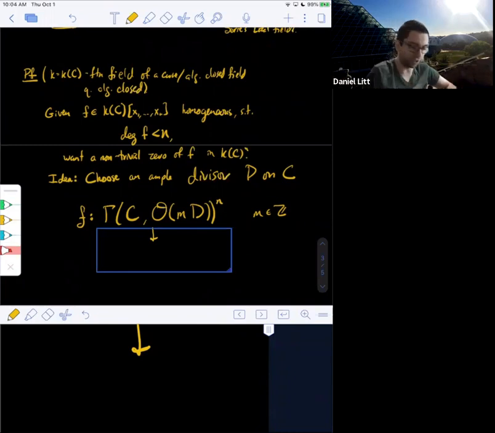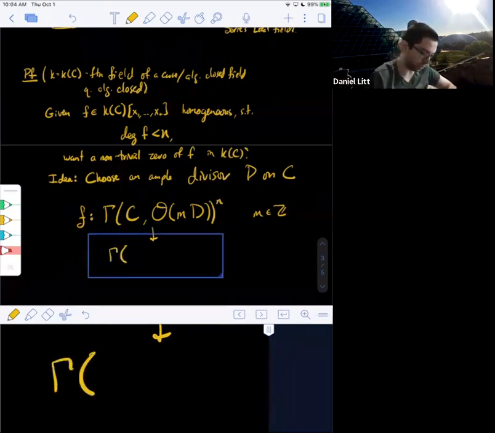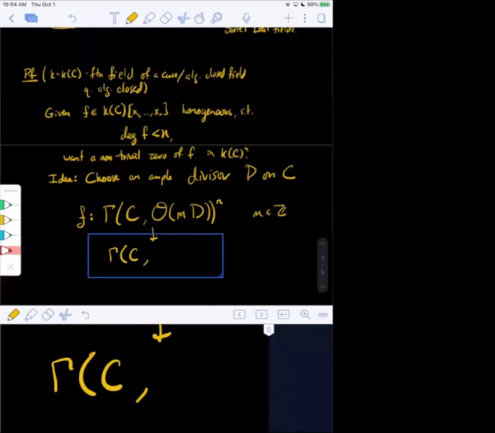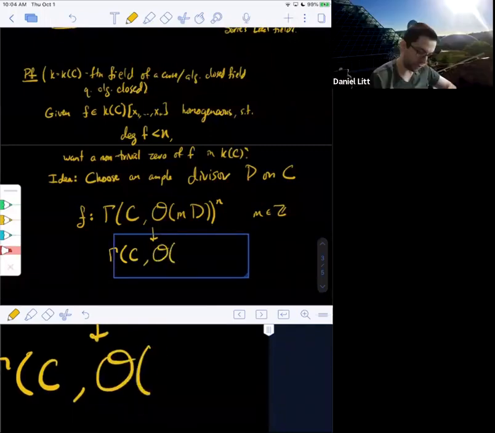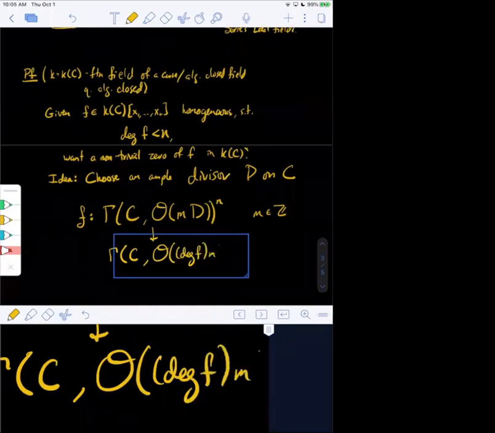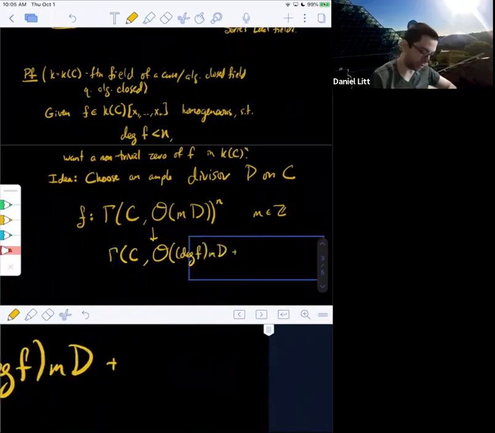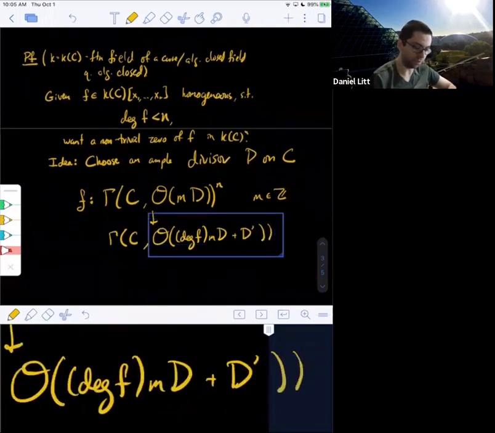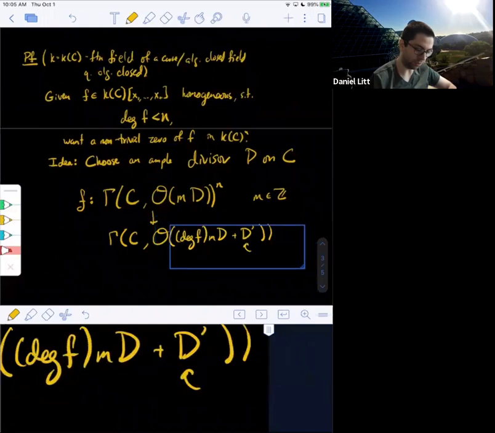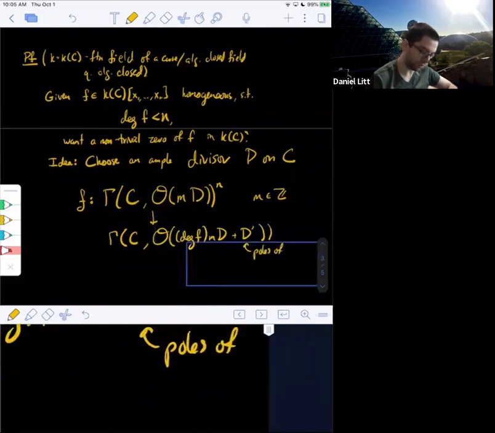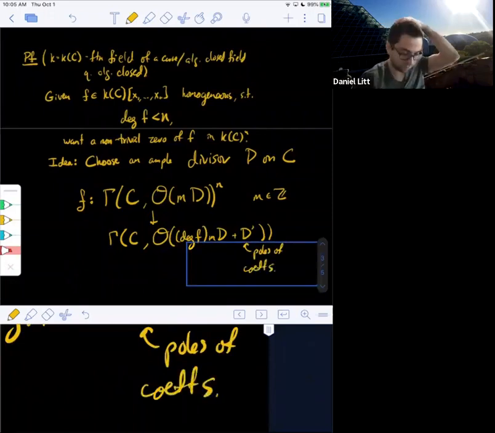It gives us a rational function with poles bounded by O of degree f times MD, plus some D prime coming from the poles of the coefficients of f. Great. So this is some map.